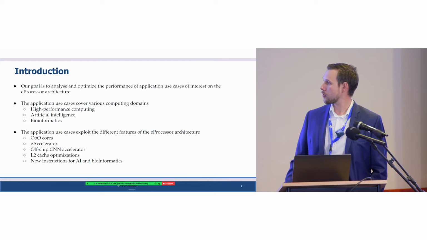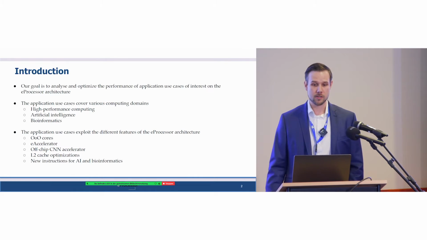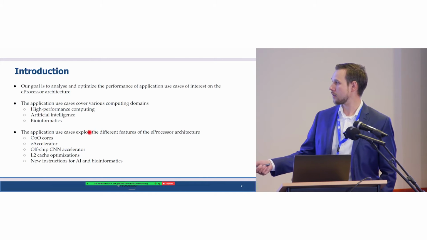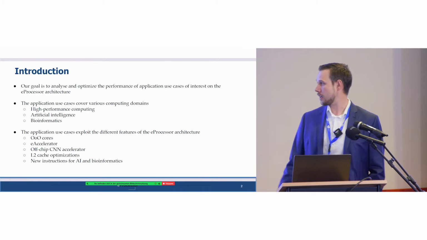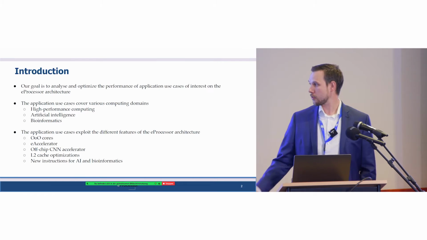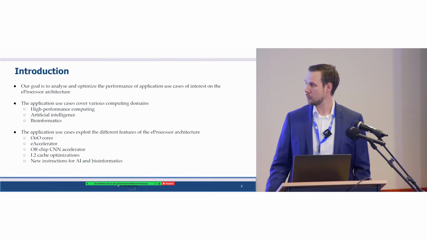We will exploit the different features of the eProcessor architecture: the out-of-order cores, the e-accelerator, the off-chip CNN accelerator that is provided, the level 2 cache optimizations, and the new instructions for AI and bioinformatics.